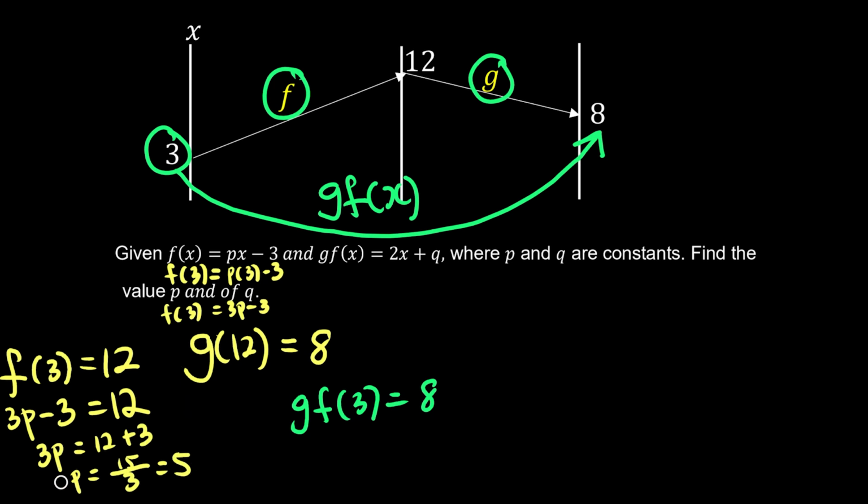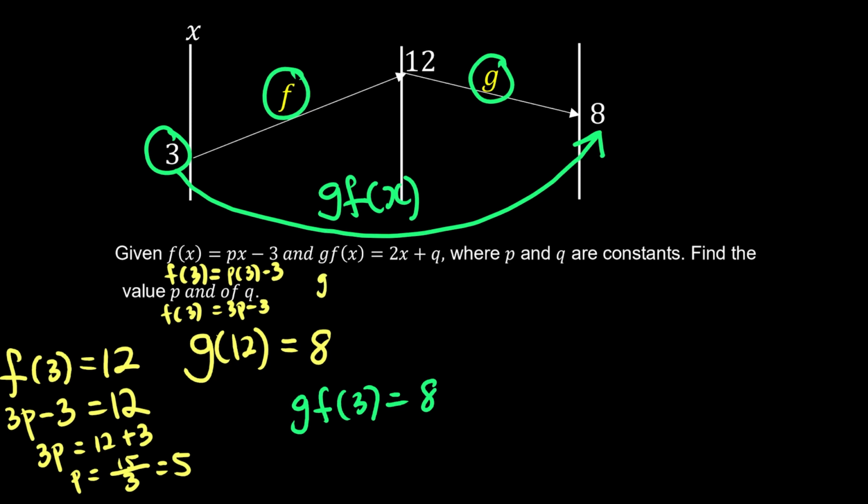So once we found our p is 5, we now need to proceed to the next function, which is gf(x). The given gf(x) is equal to 2x plus q. But we know that gf when the input is 3 is equal to 8. So let us try to input 3 into the gf function.